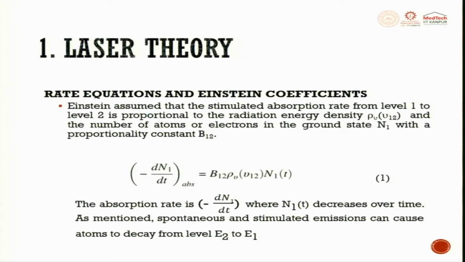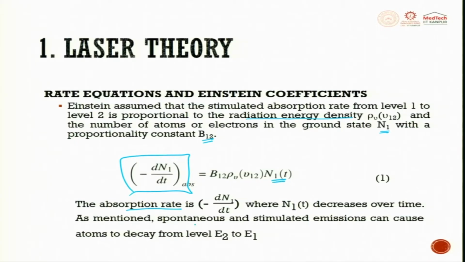Einstein assumed that the stimulated absorption rate from level 1 to level 2 is proportional to the radiation energy density and the number of atoms or electrons in the ground state N1, with a proportionality constant called B12. This equation describes the absorption rate, where N1 decreases over time.